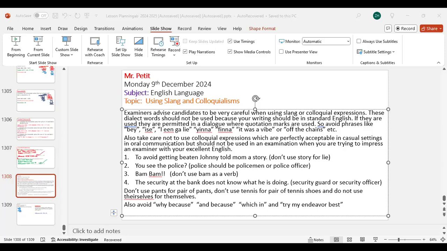Okay. Correct that. I bombed on the bedroom door, trying my endeavor best to waken my brother Mark, who was a heavy sleeper. What's the problem with that? What is the problem with that?